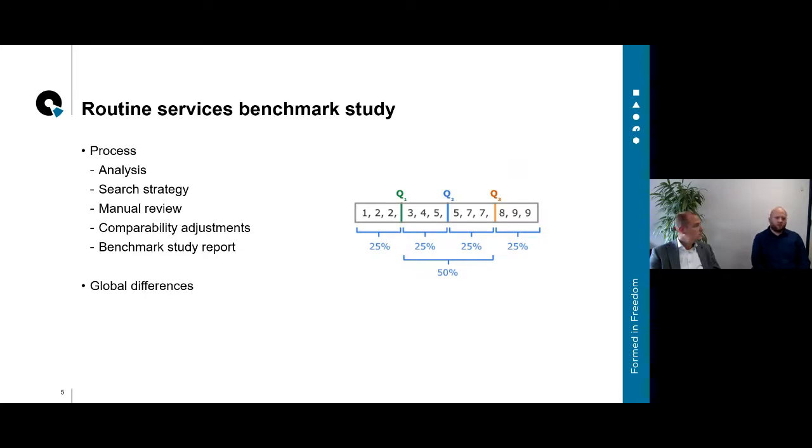That's a big difference between Europe and the other regions in the world. Some specific countries also require only local comparables. For Italy, the tax authorities require a benchmark study based on Italian companies instead of companies from France or another country in Europe. Those are, in my opinion, the most important global differences.